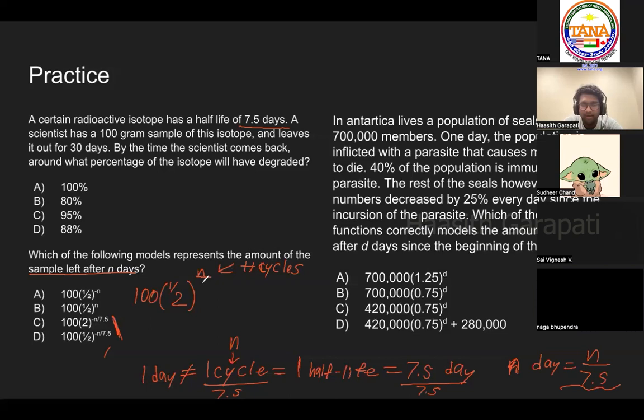So A can't be correct because we don't have that 7.5 thing. So is B. Initially, you might have thought, oh, D is the correct answer, right? But did you notice there's a negative over there? That negative sign? Remember what we said before, where if you have a negative exponent, you can turn it into a reciprocal with a positive exponent.